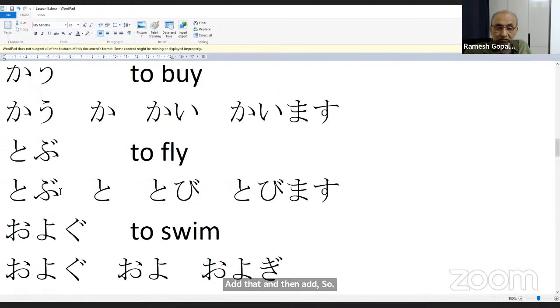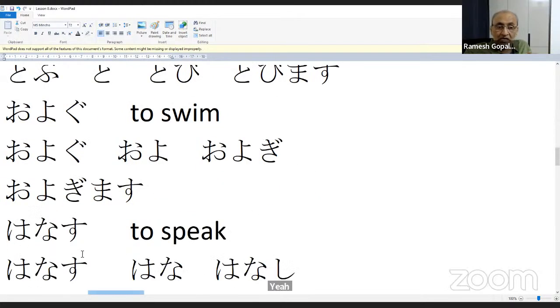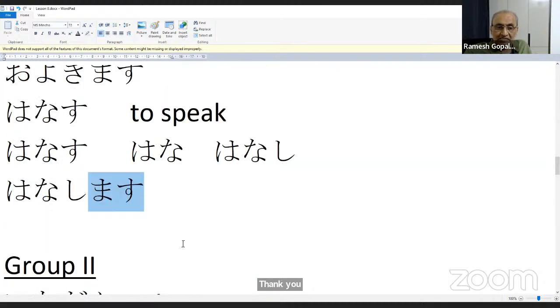Tobu, drop bu, you're left with to, add bi, and then add mas. So tobimas. Oyogu, drop gu, add gi, oyogi, add mas. Hanasu, hana, then add shi, hanashi, and then add mas.